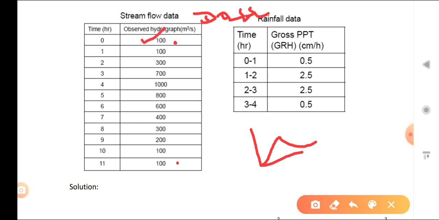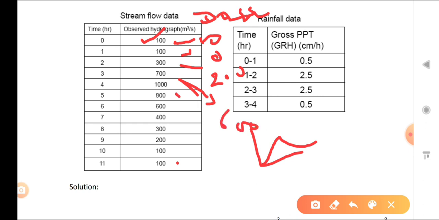So how will we find it? 100 minus 100 is 0. Next also 100 minus 100 is 0. Then 300 minus 100 is 200. Similarly 700 minus 100 is 600.